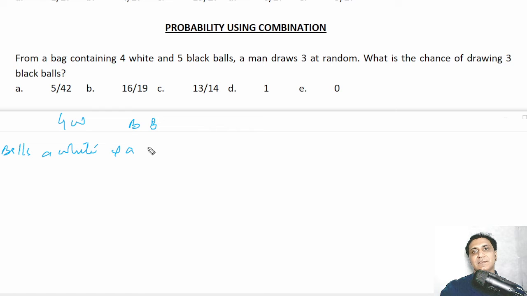Probability of 2 balls, a white and a black, and I'm not giving you the order of these balls. It can be black and white, it can be white and black. So let's do it for white and black. If I choose the first ball and that should be white, the probability is 4 over 9.